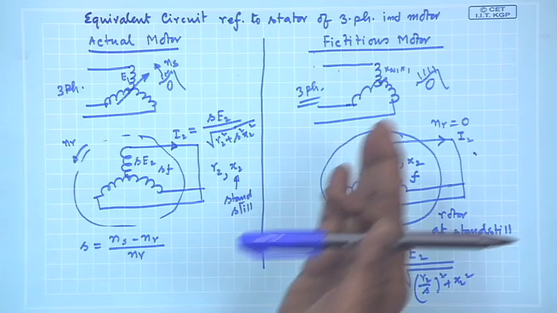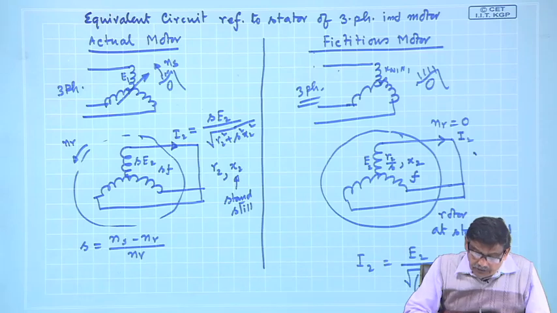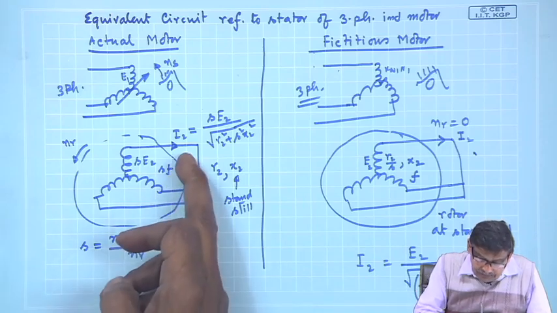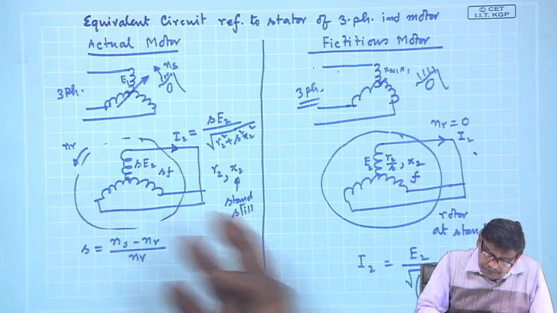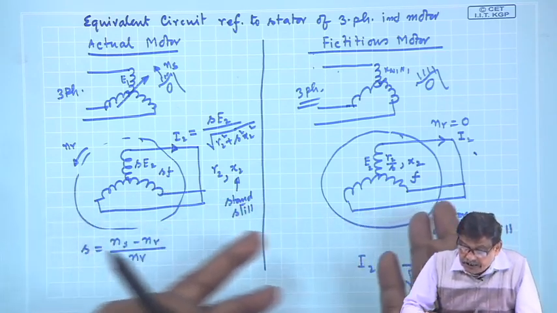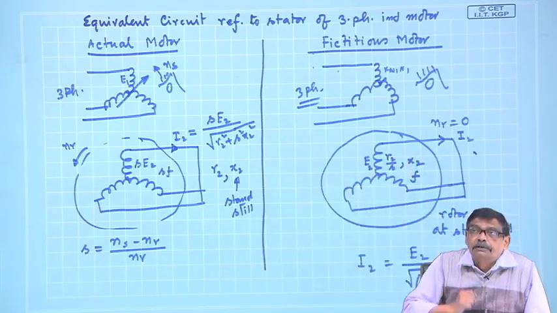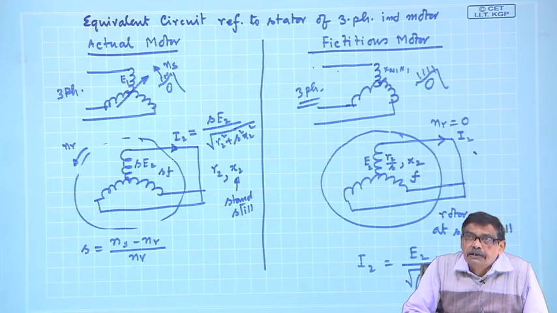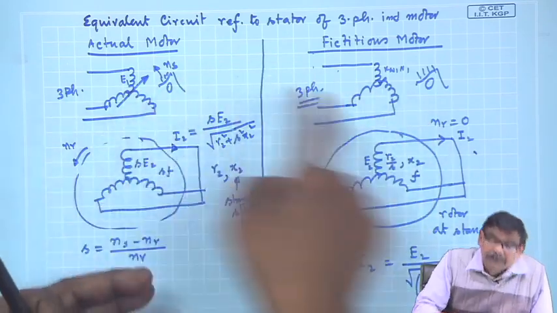So far as the stator observer is concerned, he does not know whether the rotor is really spinning at N with some slip S, or it is stationary with these parameter values of the rotor winding. He cannot distinguish. Therefore, the stator will react in the same way in both the cases.